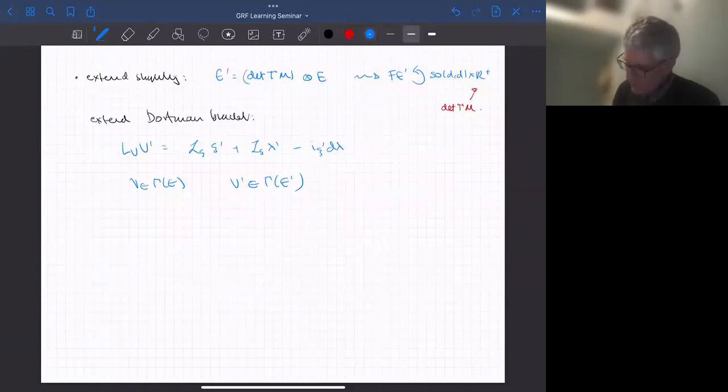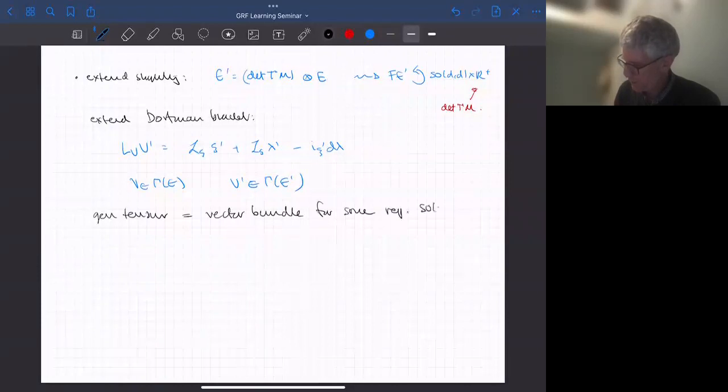And once I've done that, I can think of a notion of a generalized tensor. That's just some vector bundle for some representation of SO(D,D) times R plus.